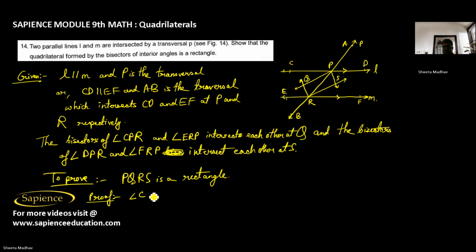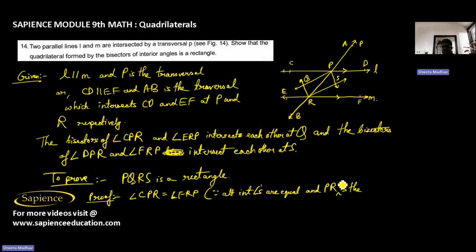Angle CPR is equal to angle FRP, since alternate interior angles are equal, and obviously PR, or I can say AB, is the transversal.